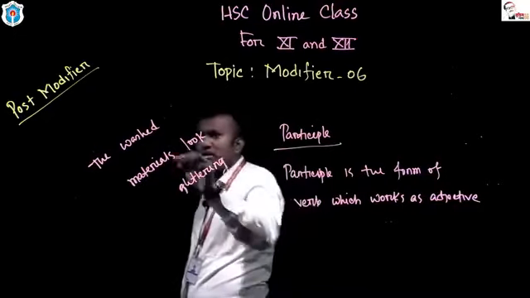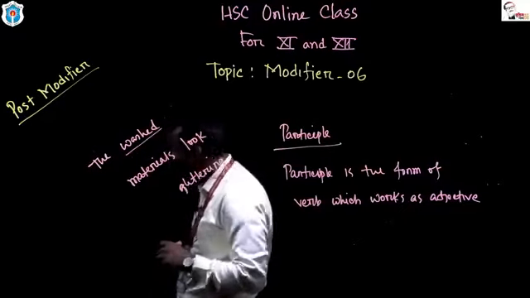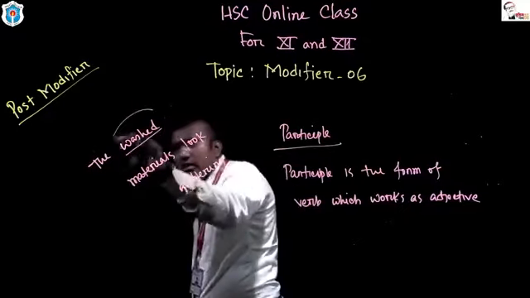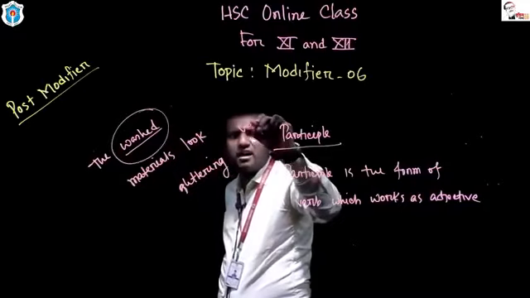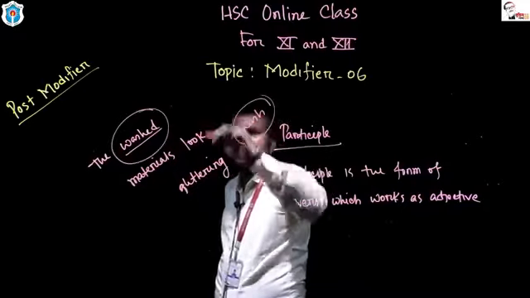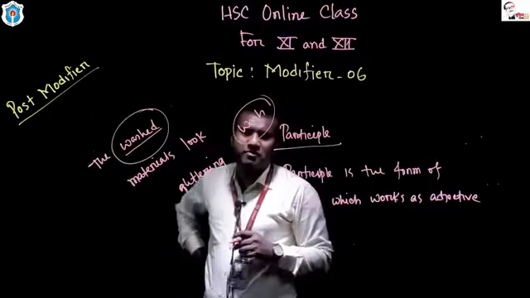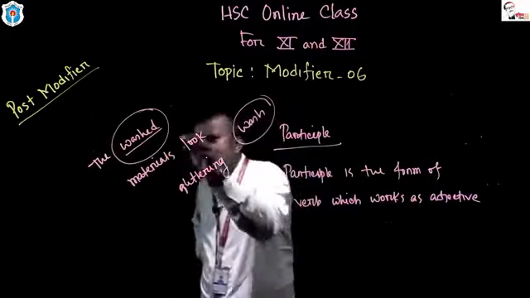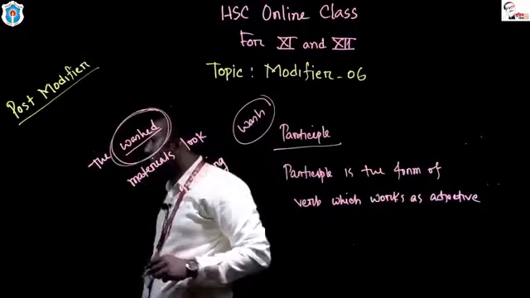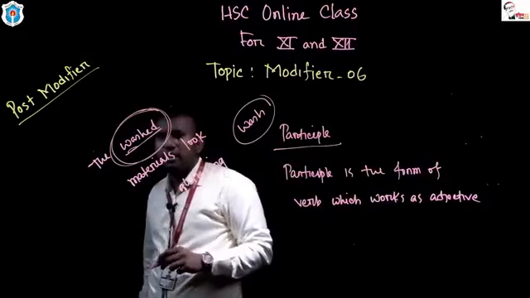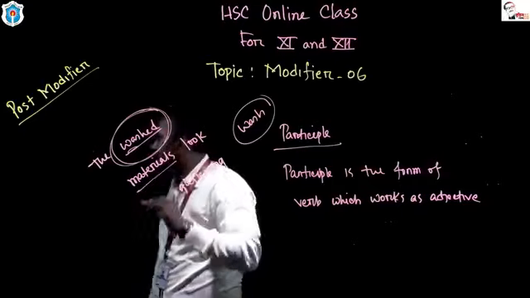Here, look at the word washed. Wash is a verb. What is the past form of wash? The past form of wash is washed. The past participle form of wash is washed. Washed is the form of verb, and this washed modifies materials.